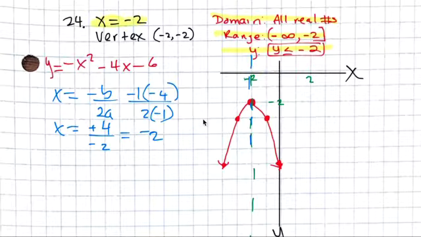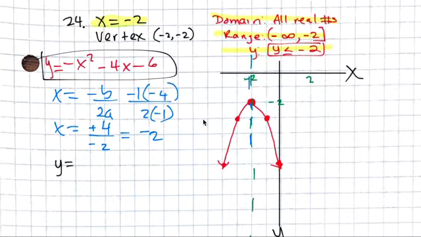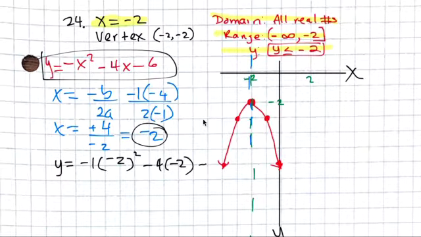Now to find this vertex, you take the problem here and find what y is. So we got y equals -1 times x, x is -2 squared, minus 4 times -2, minus 6.